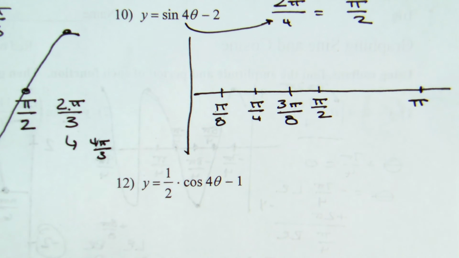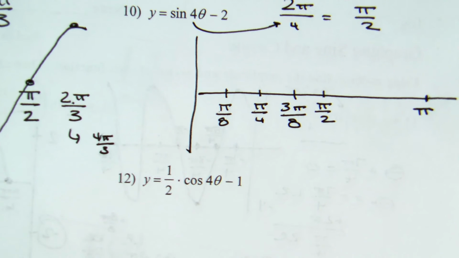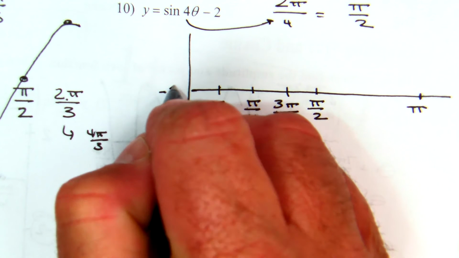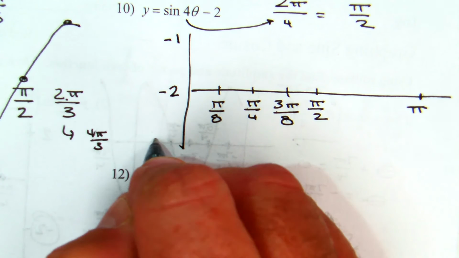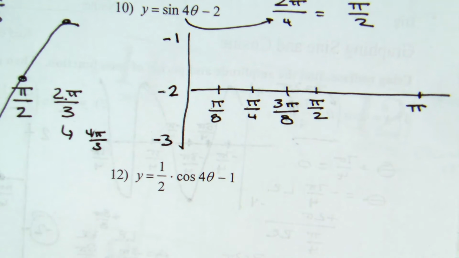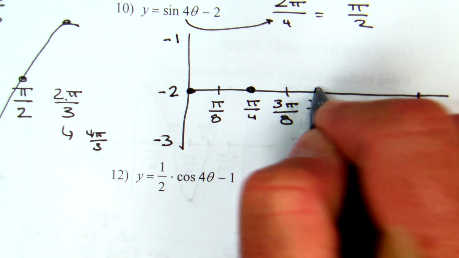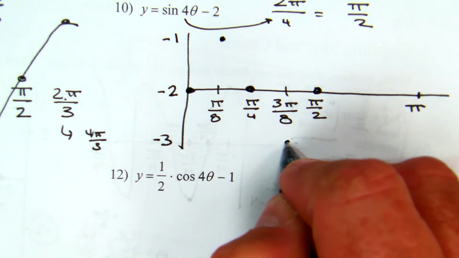Let me make this bigger so we can see it. So the -2 means this is -2. The 1 there means I'm at -1 and -3. Sine we call 0, 0, 0, max, min.